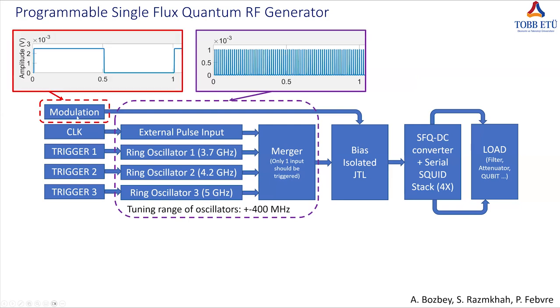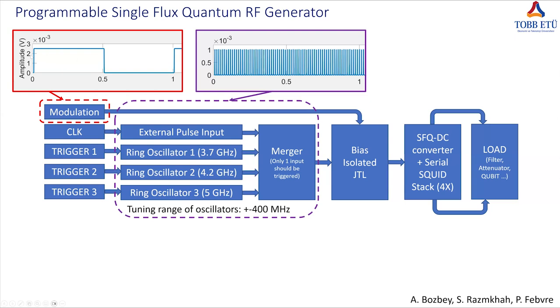Then, if we want to control the duration, since the duration is in the range of microseconds or megahertz, so it's a low frequency signal, we can use external modulation because it's easy to feed low frequency signals. You don't need expensive and bulky RF cables for such frequencies. We have an external modulation circuit.